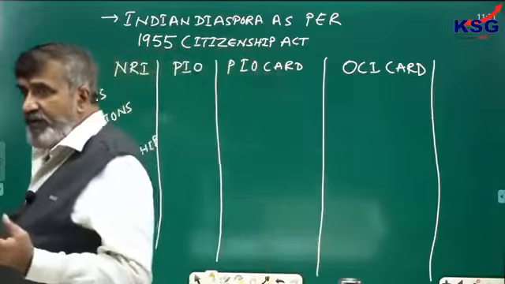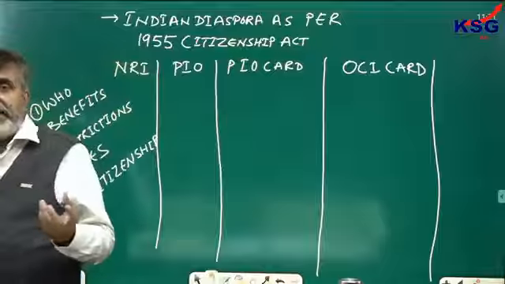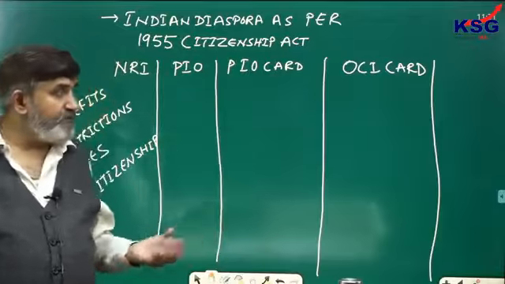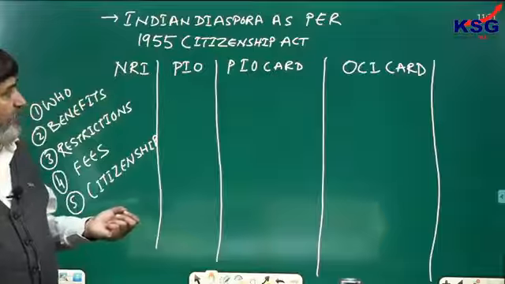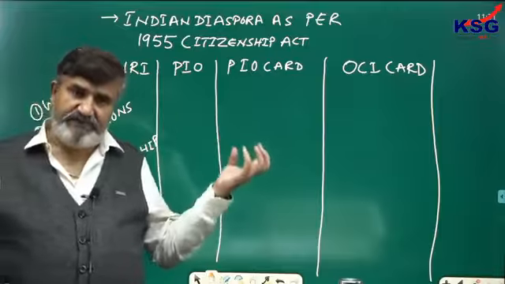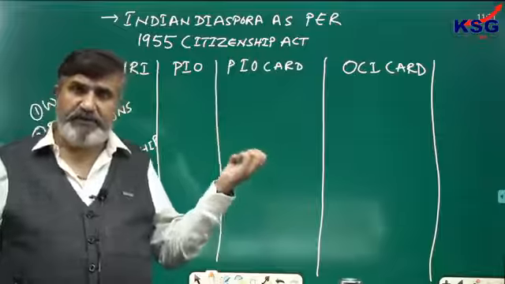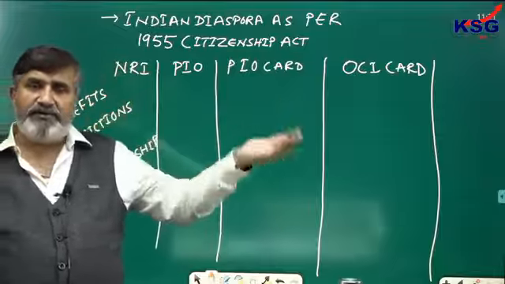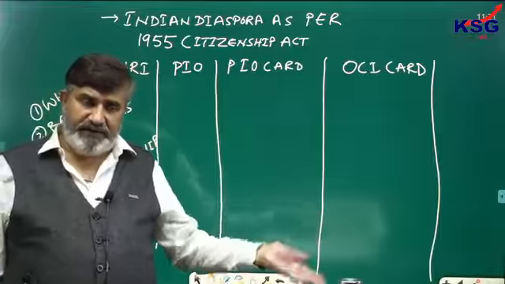Even people on government assignment can also be accorded NRI status. Right. So basically NRI is an Indian citizen, Indian passport holder, but residing for more than 182 days in a year outside India.